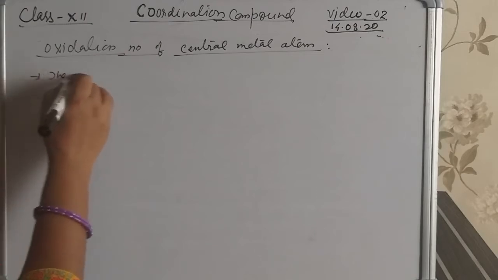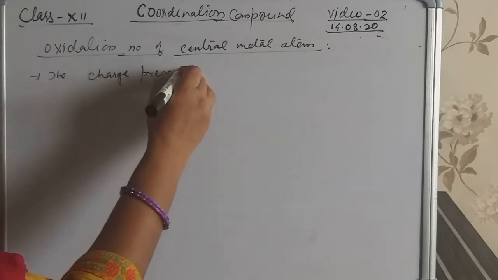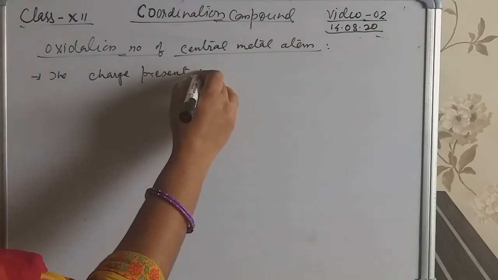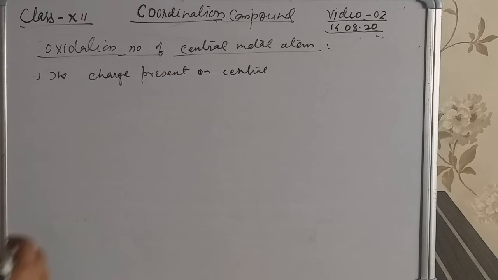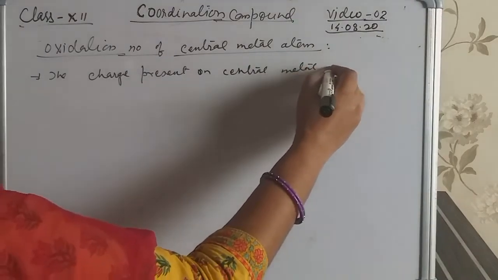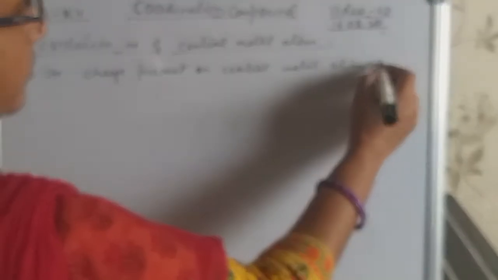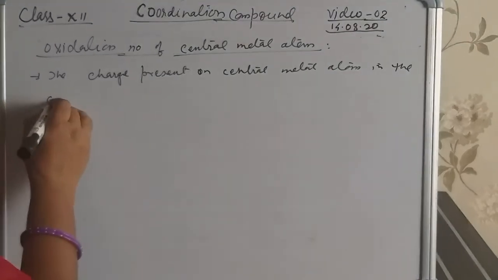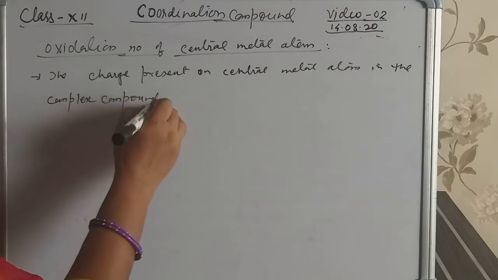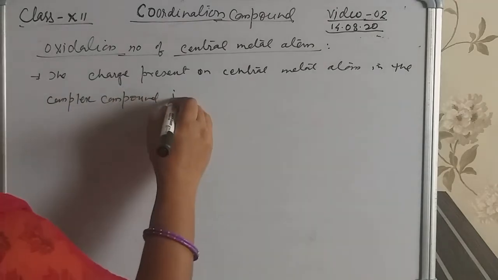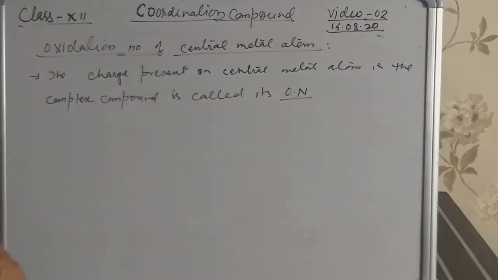The charge present on the central metal atom in the complex compound is called its oxidation number.